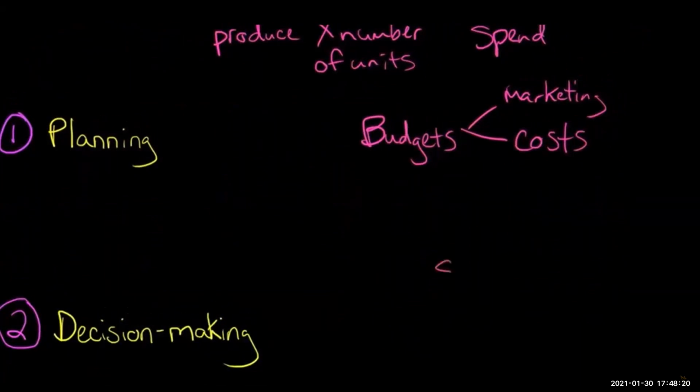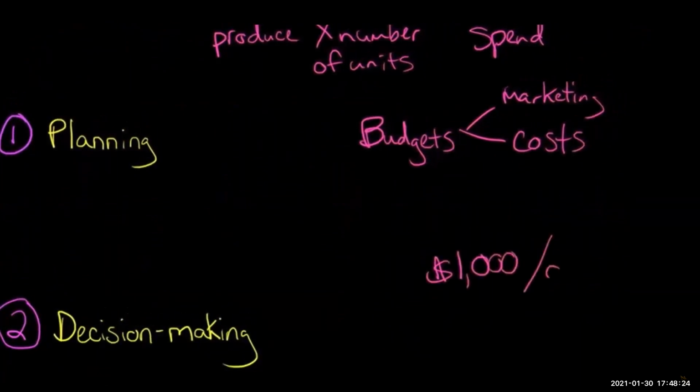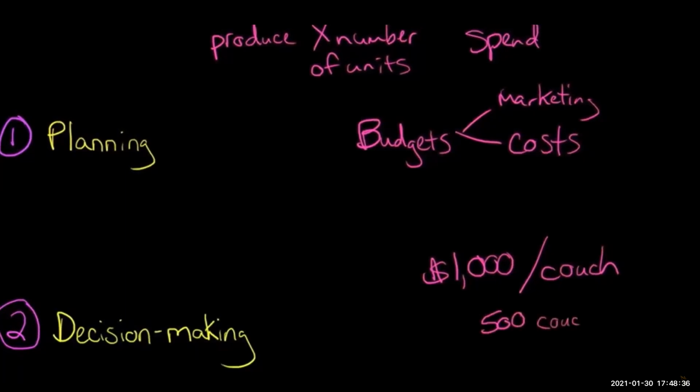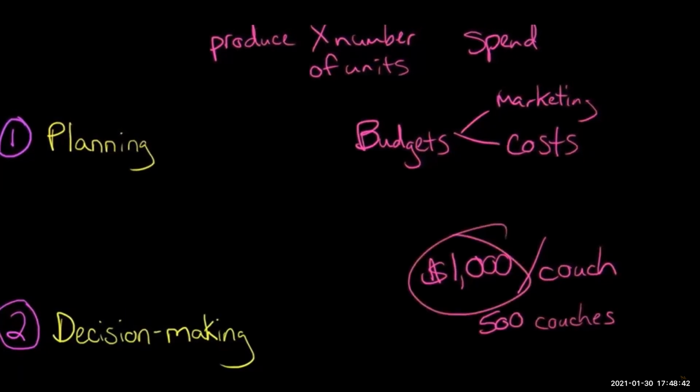Let's say you manufacture furniture, so you have couches, and a customer offers $1,000 per couch and says they'll buy 500 couches.